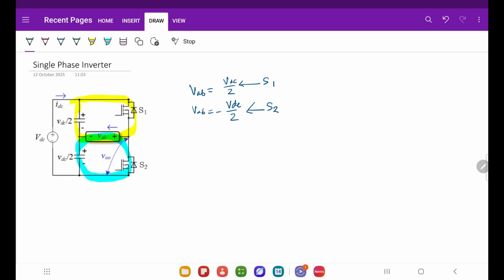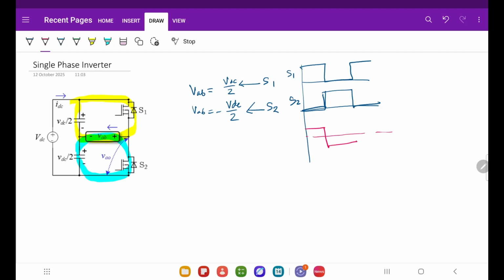If you now wish to draw the waveform, draw it like this. This is the pulse of S1. This is the pulse of S2. This is S1, this is S2, and your output voltage will be like this. That is plus VDC by 2 to minus VDC by 2.